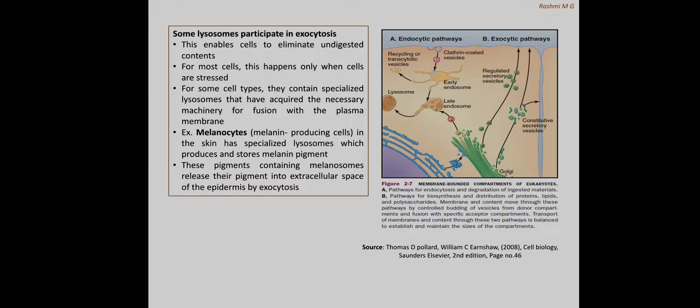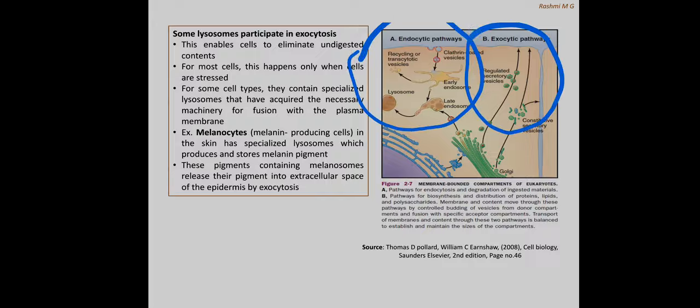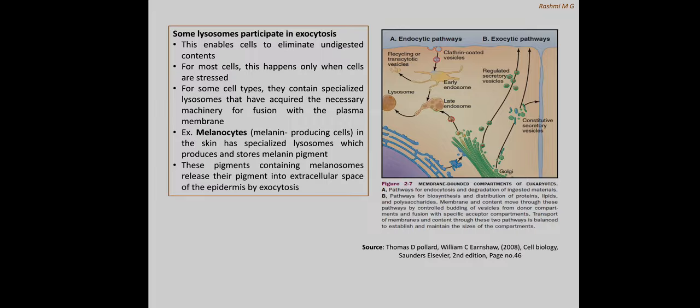The best example is melanocytes, which produce melanin and have a specialized lysosome which produces and stores melanin pigment. These melanosomes release their pigment into the extracellular space of the epidermis by exocytosis. In this image you can see the clear differentiation of the endocytic pathway and exocytic pathway.